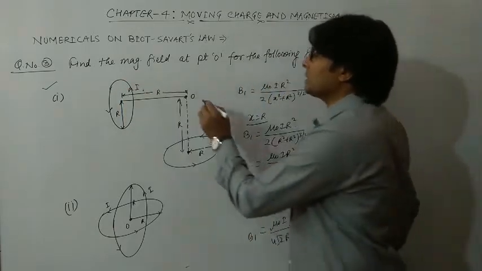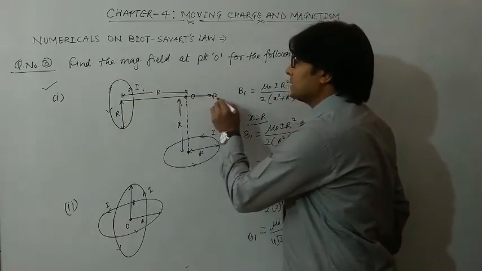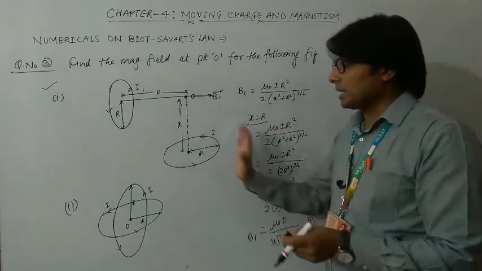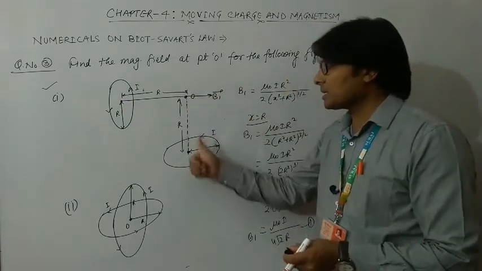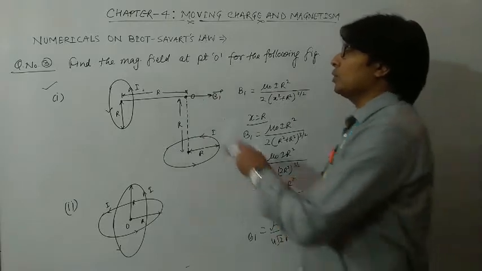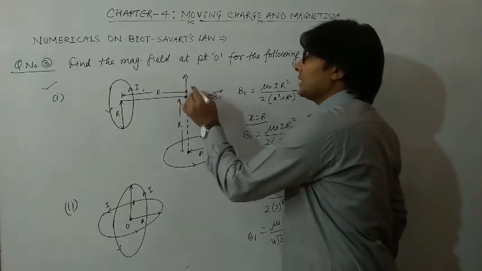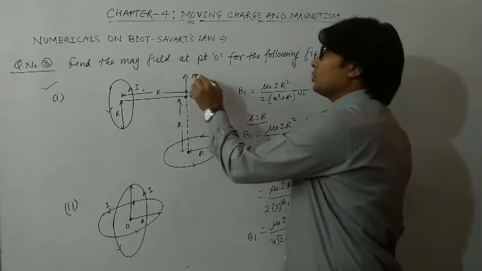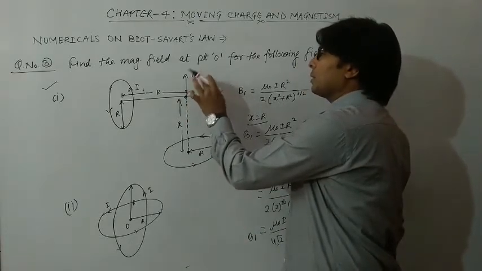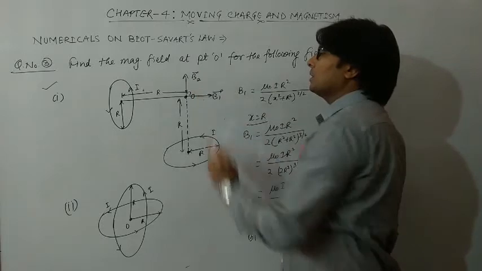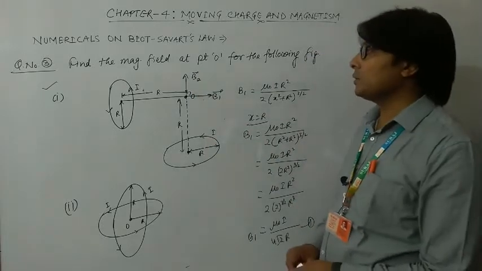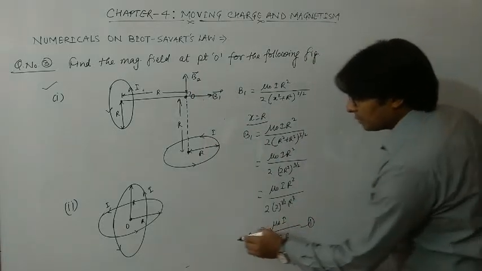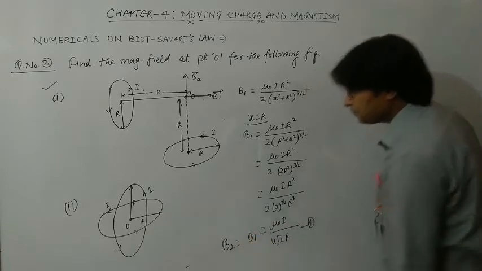So I am representing it as B1 vector in this direction, and using right hand thumb rule the direction of magnetic field due to this loop at point O will be in this direction, and definitely the angle is 90 degree. So both B1 and B2 are perpendicular to each other, although the magnitude is same. B1 and B2 will be same.